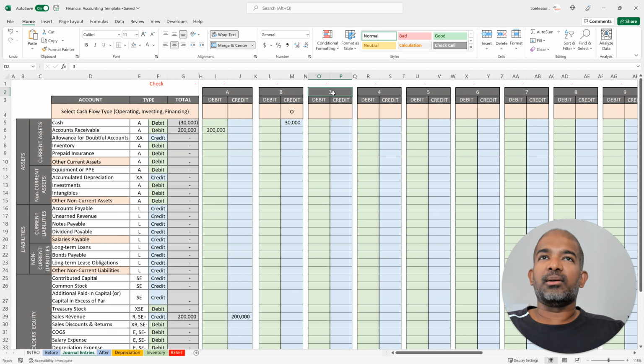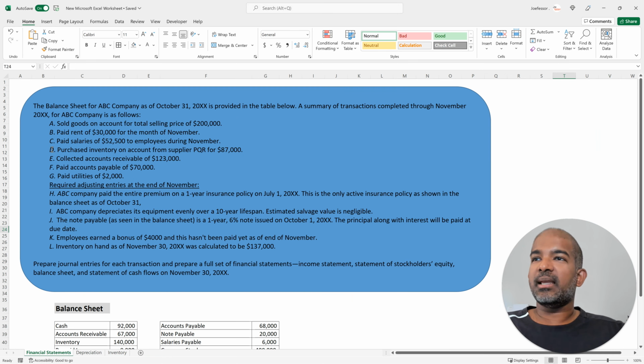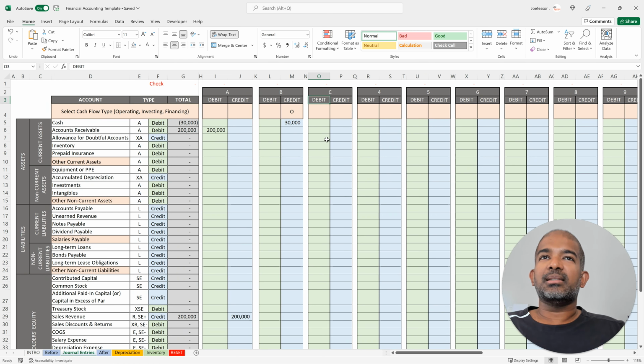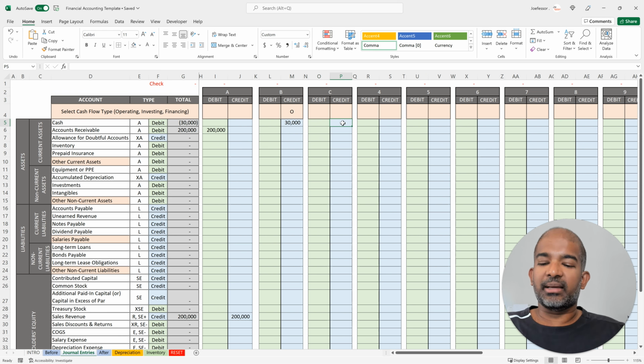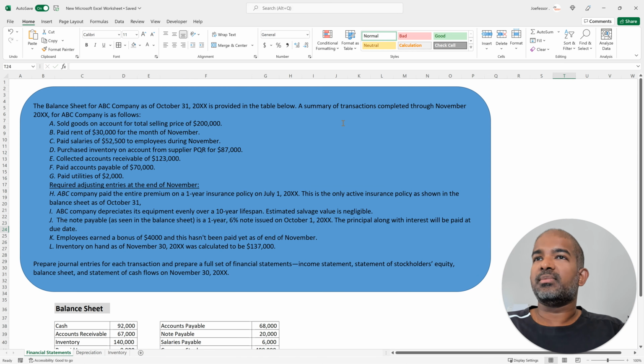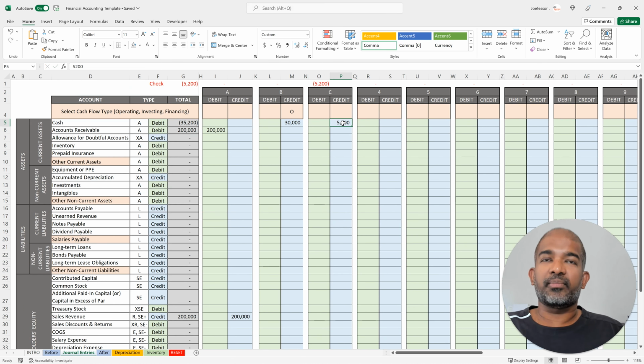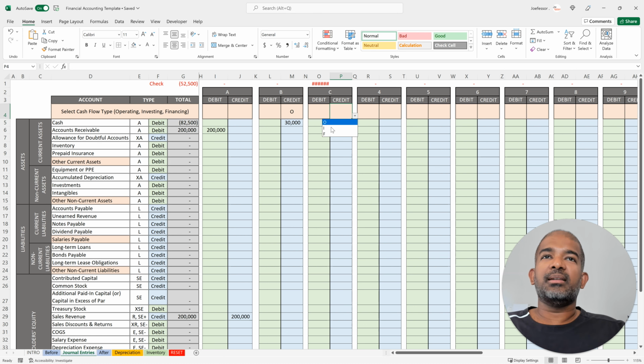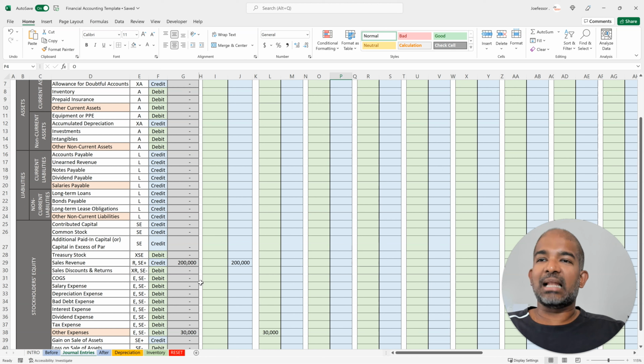Now journal entry C, paid salaries of 52,500 to employees during November. So salaries are being paid. Again, I'm going to credit 52,500 to cash, which is again an operating cash flow, and it's a salary expense.